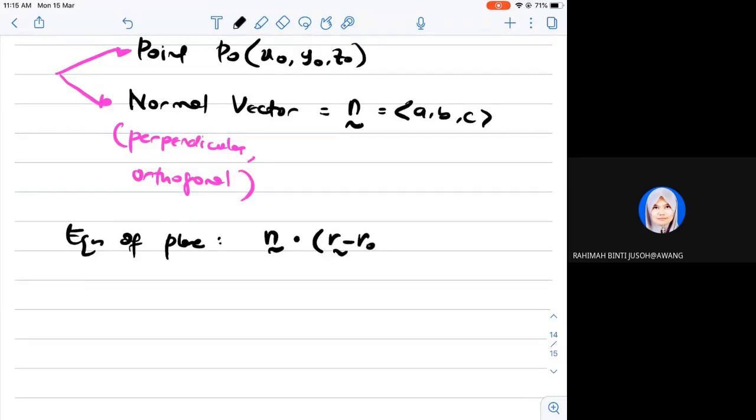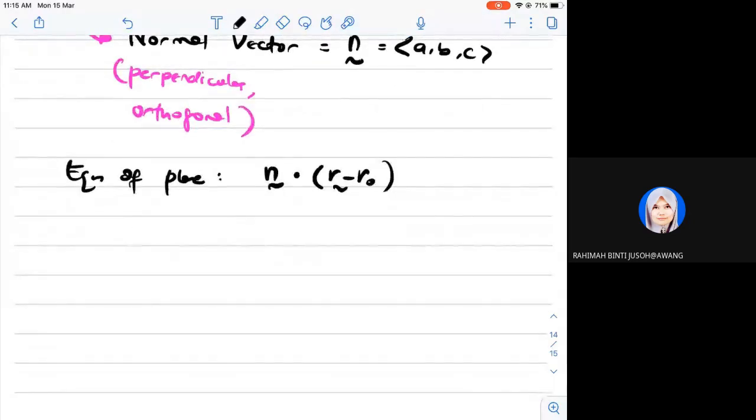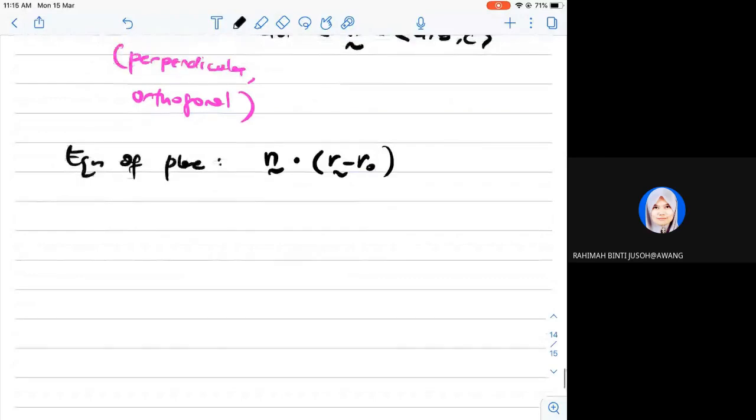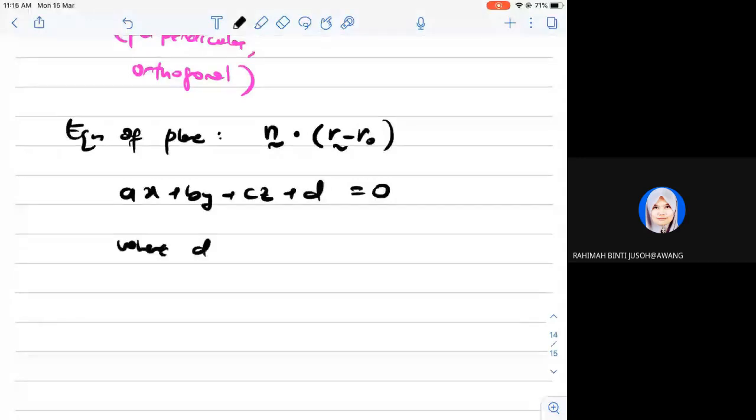That is the formula. But I would rather suggest my students use this one: AX plus BY plus CZ plus D equals to 0, where D is equals to negative of AX0 plus BY0 plus CZ0.